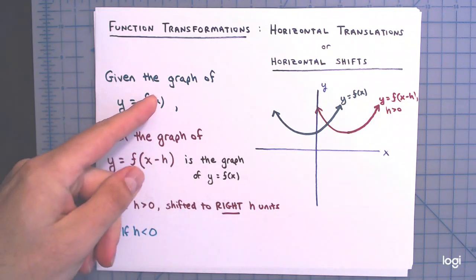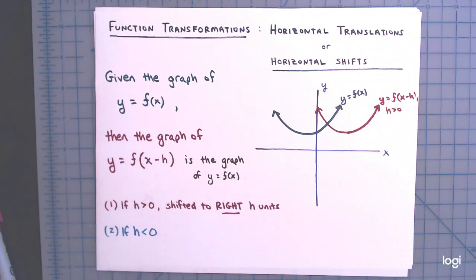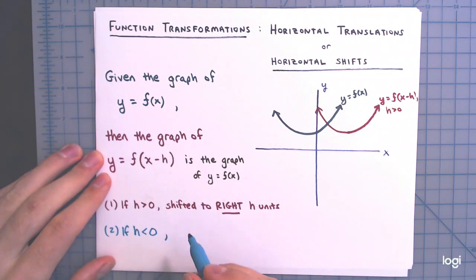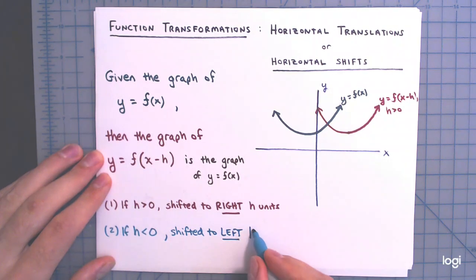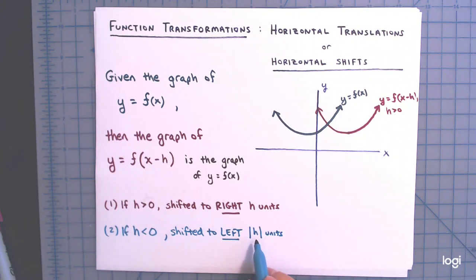So if I replace x with x plus a number, which would be minus a negative number, then the graph will shift to the left. Our original graph will be shifted to the left the absolute value of h units, because here h is a negative number. When I talk about moving a distance, usually distance is non-negative, so I throw the absolute value of h around that to make it not negative.